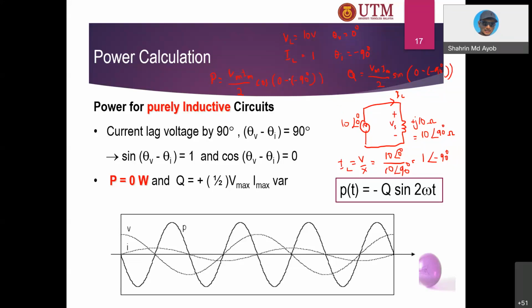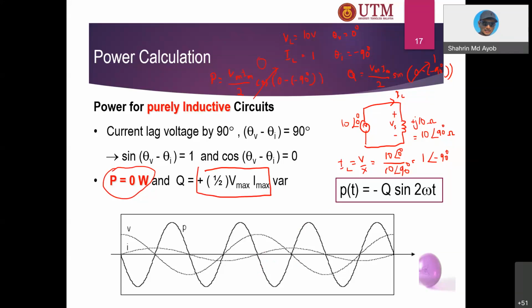So cos of positive 90 degrees, cos 90, is 0. So this one becomes 0, so your power P is 0. But for your Q, since sine of 90 degrees is 1, your Q is positive Vm Im over 2.